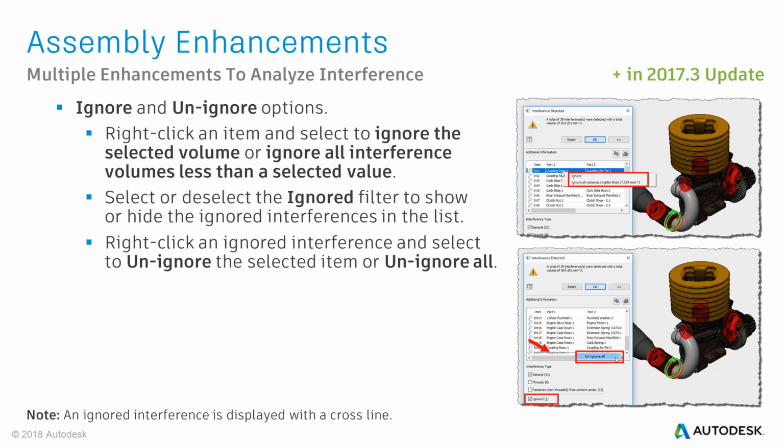Ignored records are displayed as strike-through when the Ignored checkbox is turned on. To unhide an ignored interference, click somewhere in the Additional Information table and use the Unignore All command. Alternatively, display hidden records with the Ignored checkbox, select the desired record, and use Unignore in the context menu.